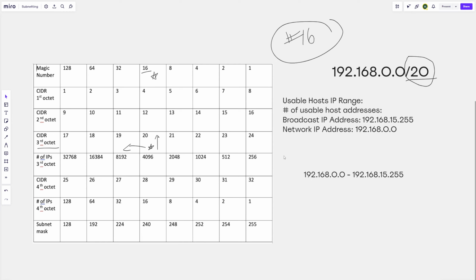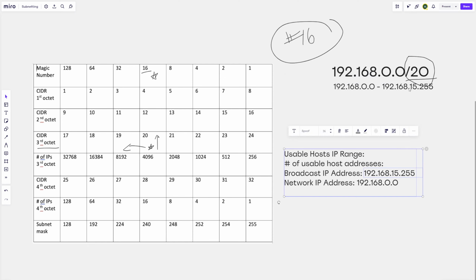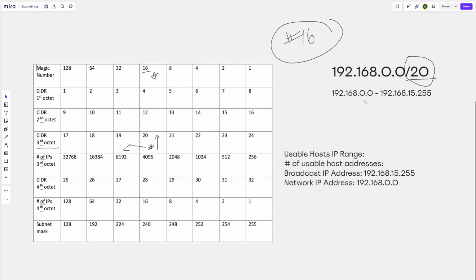This right here, folks, is our entire current range of IP addresses, so this is our network IP range. However, this isn't the IP range for usable hosts, and so we're going to find that now.